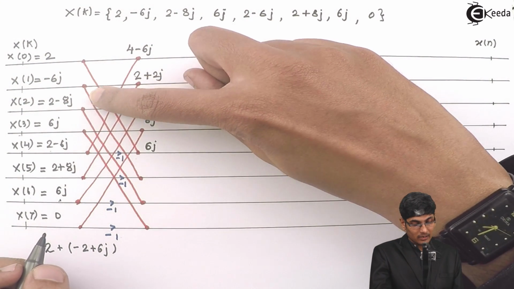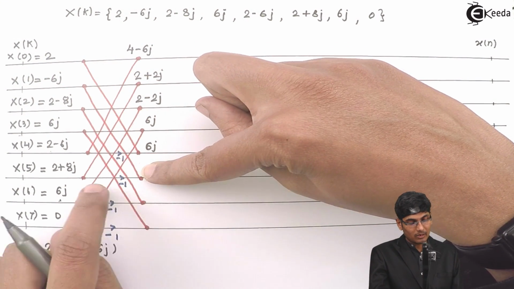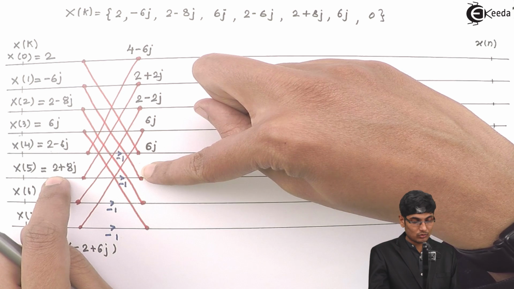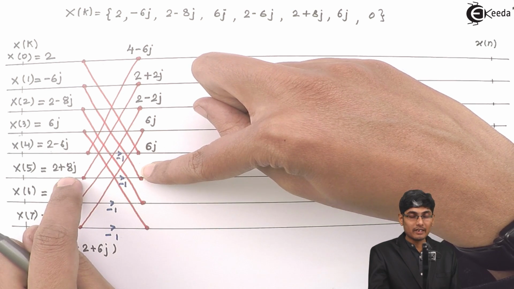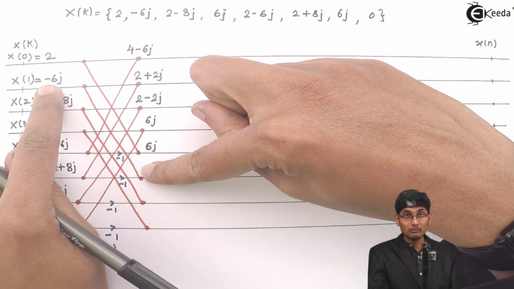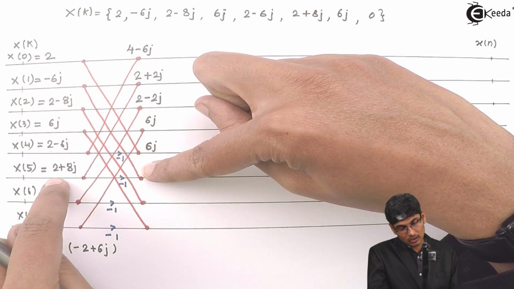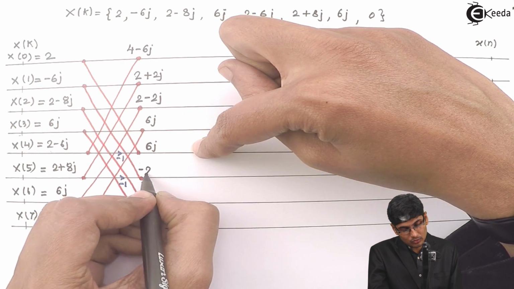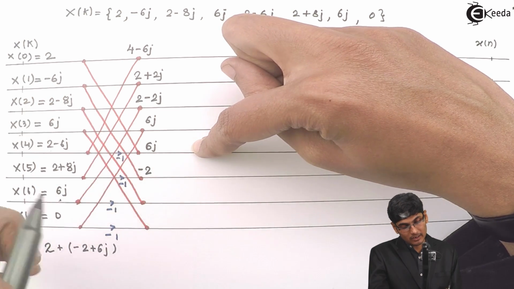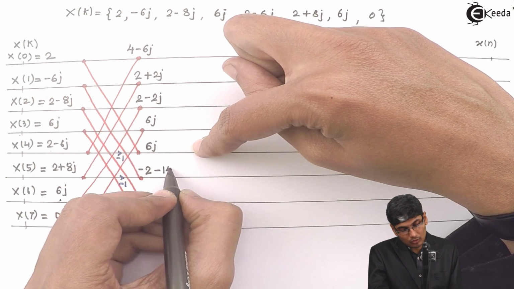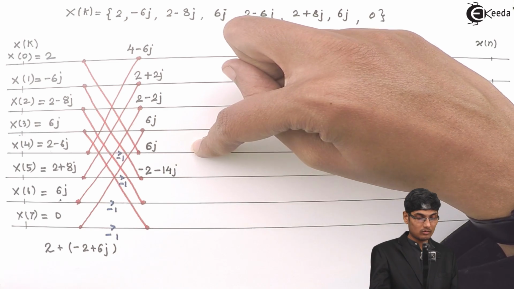Similarly, minus 6j coming from here, and when I multiply minus over here, it becomes minus 2 and minus 8j. So minus and minus becomes plus. So this gives me minus 2, right? And minus will become minus 14j. Okay.